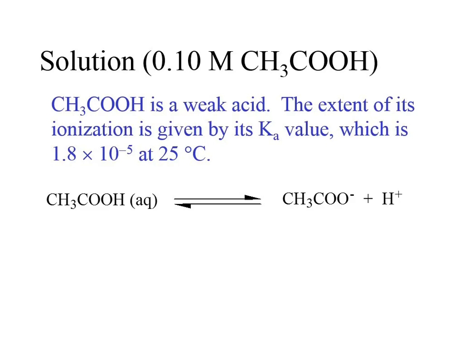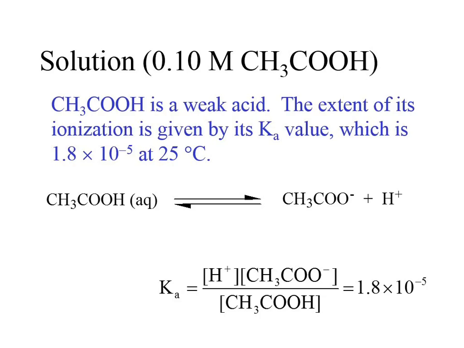So I would start by writing the equilibrium. I do not see how you could do this without writing the equilibrium. It's a stated weak acid, so of course we're going to show it acting as an acid, kicking off a proton on the product side, and write your Ka expression.